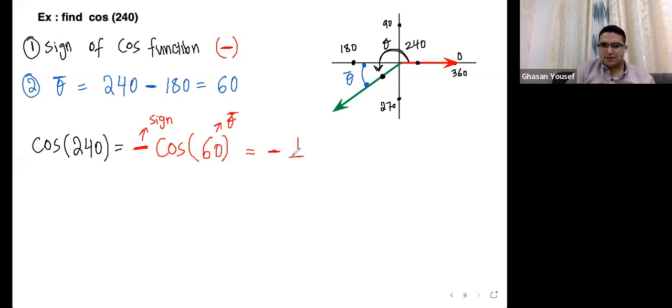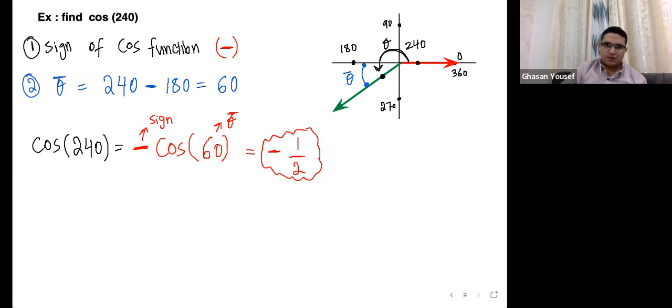So the answer is minus 1/2. So this is the answer to my question. So the cosine of 240 is minus 1/2.